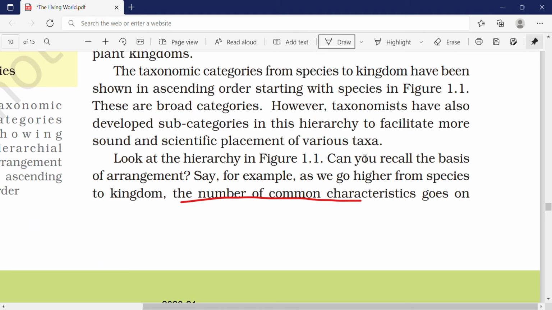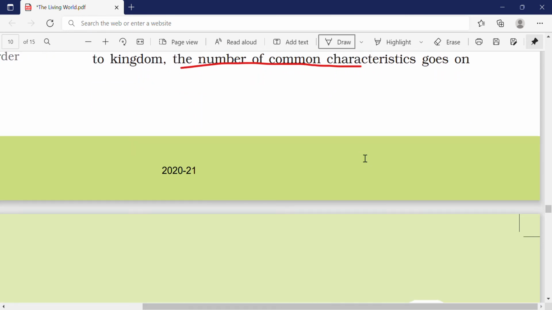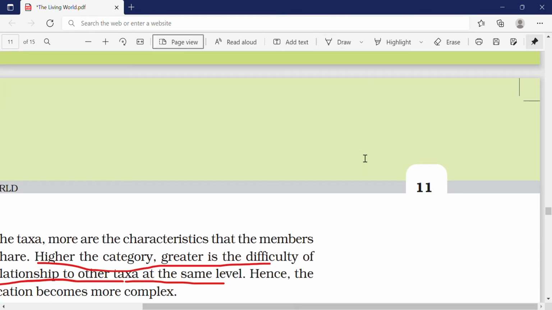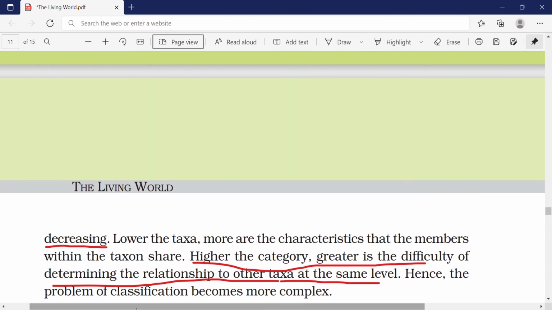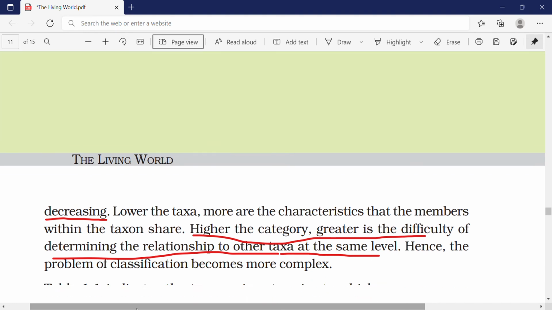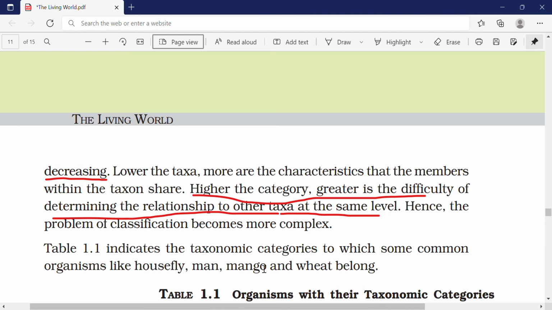However, taxonomists have also developed subcategories in the hierarchy. The number of common characters goes on decreasing as you move from bottom to top. The lower the taxa, the more characters the members within the taxon share.